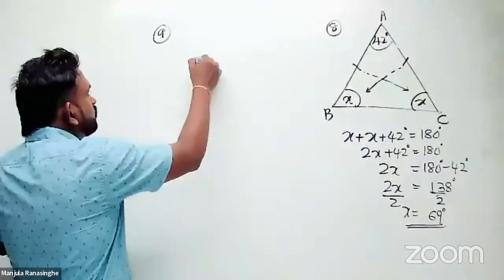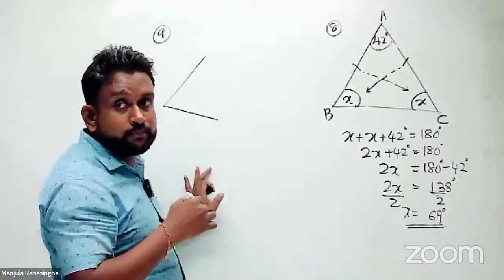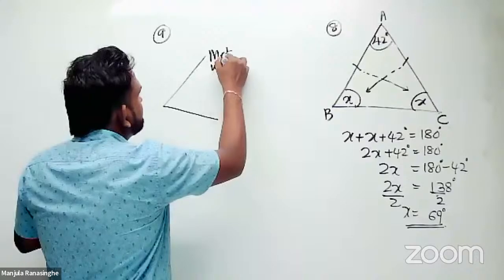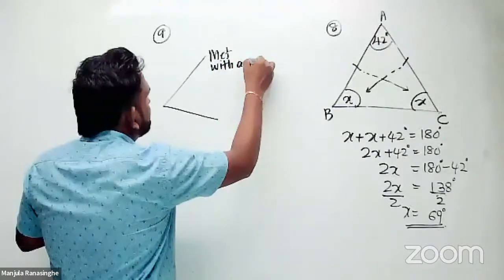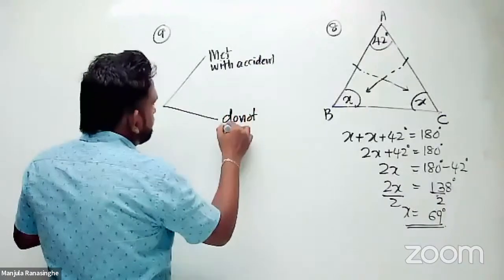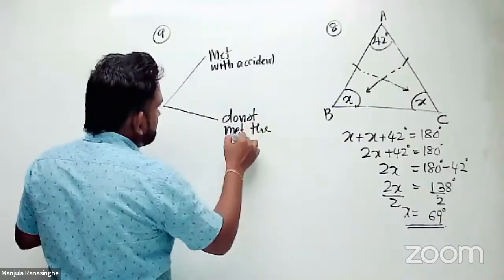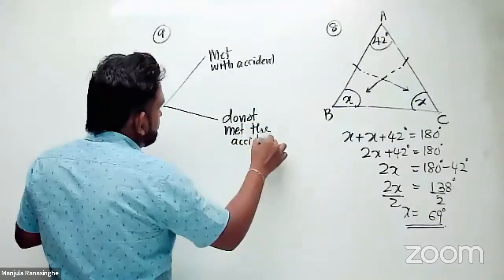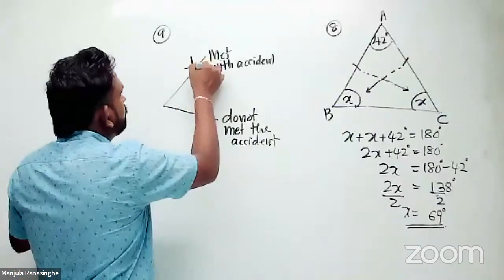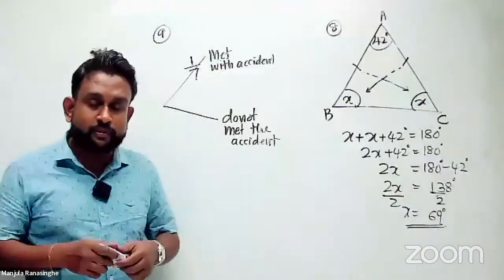See there. The first incident, the two outcomes we are discussing: met with an accident, and do not meet with an accident. Met with an accident is 1/7. So do not meet with an accident is the balance.